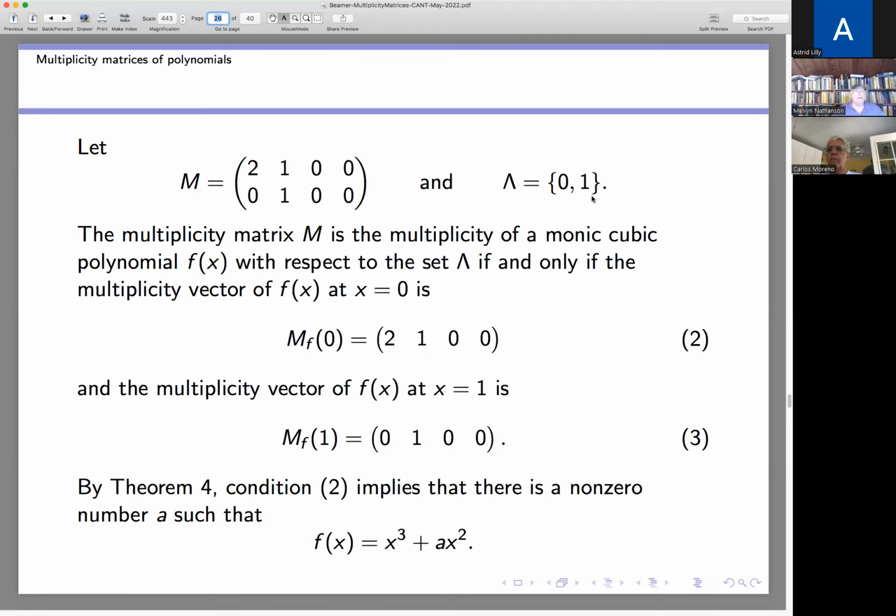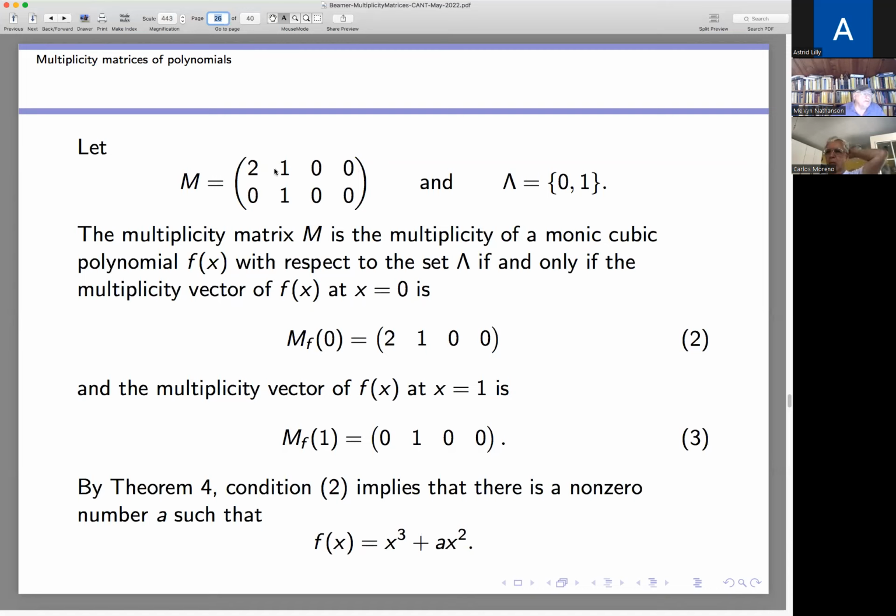Suppose I take lambda to be the 2 real numbers 0 and 1. Is this a multiplicity matrix of some cubic polynomial, of course, right? This is a 3 plus 1 by 1 plus 1 matrix. Is it a multiplicity matrix of some monic cubic polynomial?